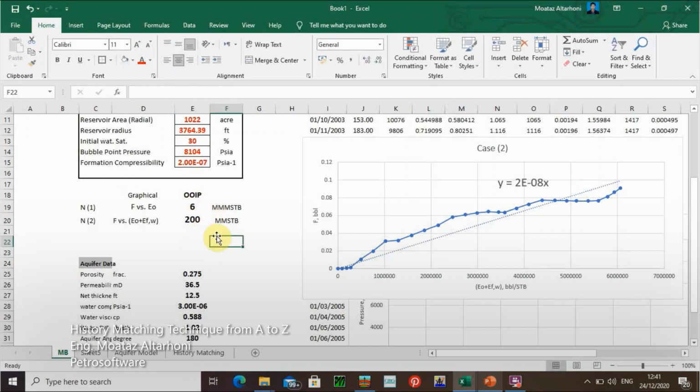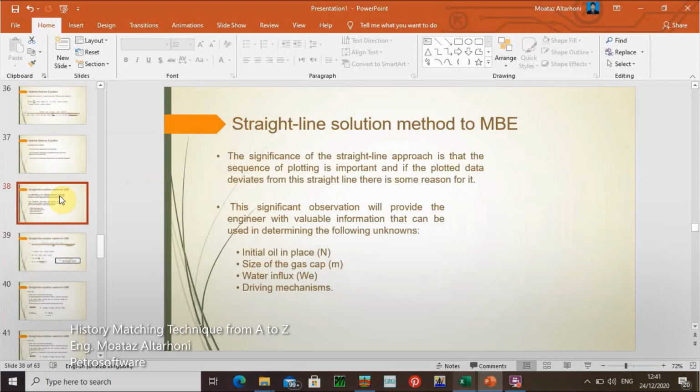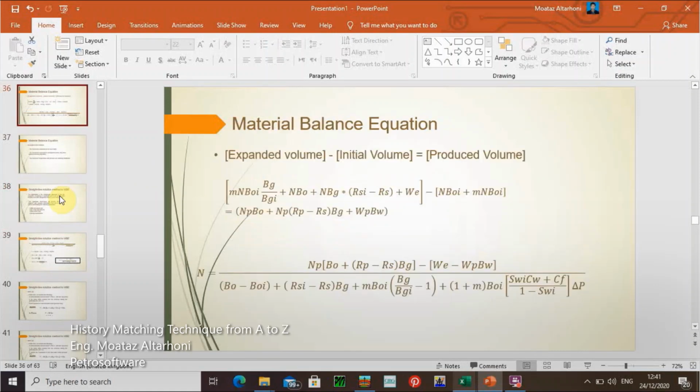oil in place. So the question right now is why the big difference between these two values, what does that mean, and how is that calculated by material balance using just the rock and formation compressibility. And that's the most important thing you have to understand deeply. The material balance is a volume equation. So if you delete or remove any drive mechanism from your reservoir, the value of original oil in place will be an overestimation, and that's very important.